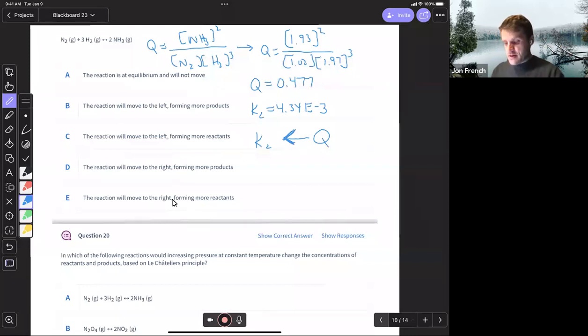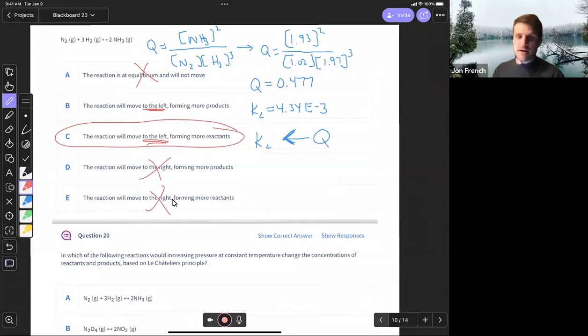Because Q is greater than K, we've gone beyond equilibrium, so the reaction will move to the left. We can cross out that, we can cross out that, we can cross out that. The reaction will move to the left, forming more reactants, right? As we move to the left, we're actually going to consume products. So it can't be choice B. So that ends our next video segment.